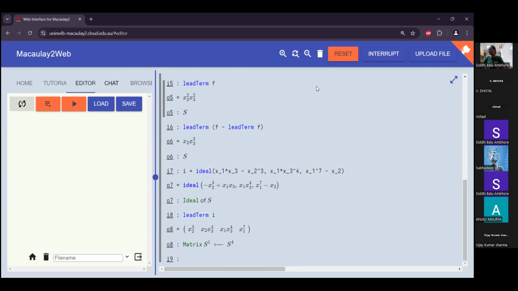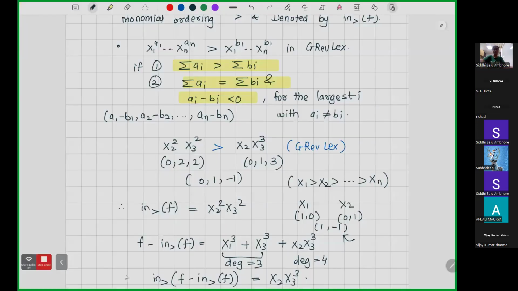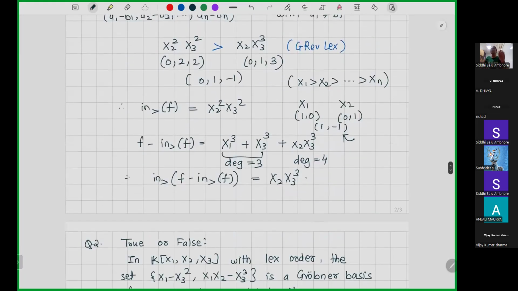Okay, so go back to the question again. Let me share the screen. Okay, so I hope the definition of graded reverse lexicographic order is clear.